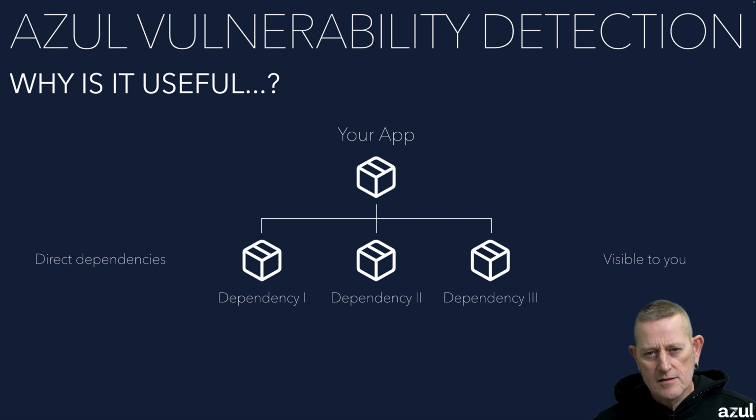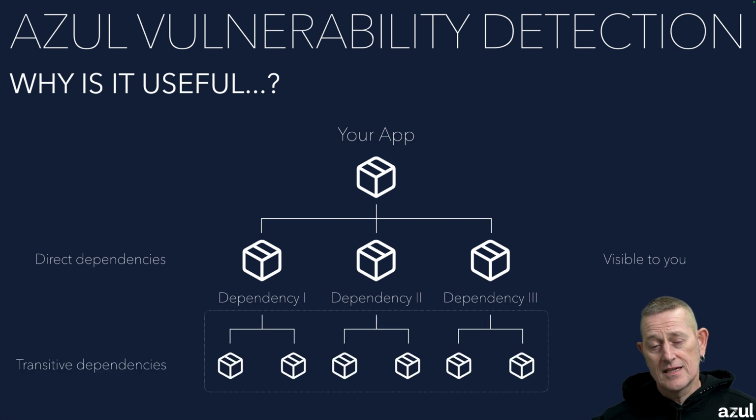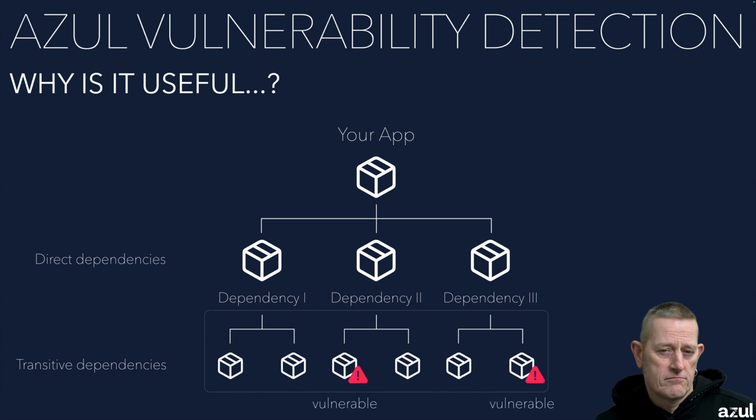But now these dependencies have, again, dependencies, and these are so-called transitive dependencies. Those transitive dependencies could have more dependencies, and these are hidden to you, so you can't see them. And the problem is if some of those transitive dependencies are vulnerable.